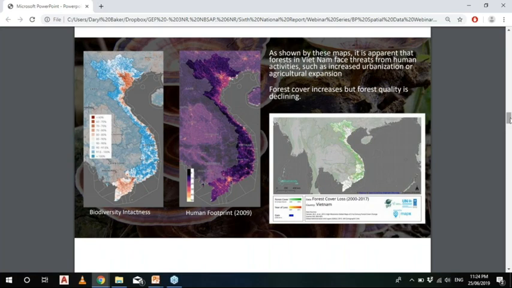From different maps, we can say that the forest cover has increased, but the forest quality is declining, because we increased the forest cover by planting more new forest plantations. However, the primary forest has declined, and there are also some illegal loggings in natural forest.